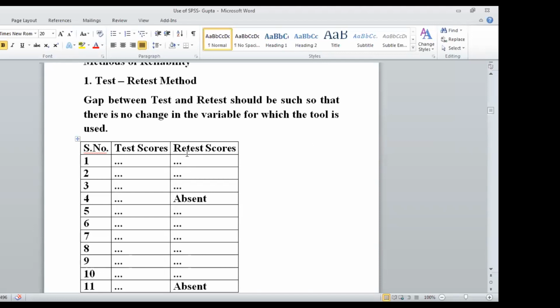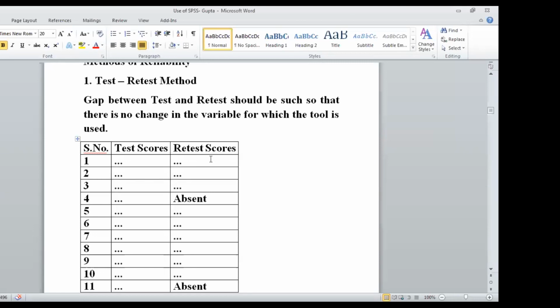And then you can find out the correlation between the test and the retest. If you are trying to find out the reliability of reasoning test, then in that test you have the scores of the reasoning. In the retest also you have the scores of the reasoning.